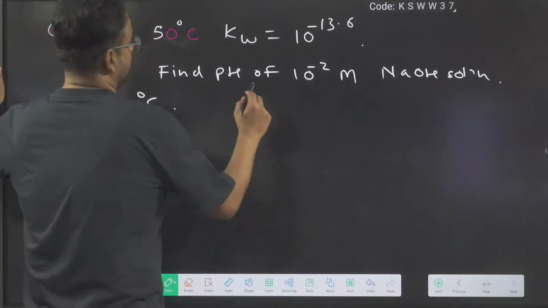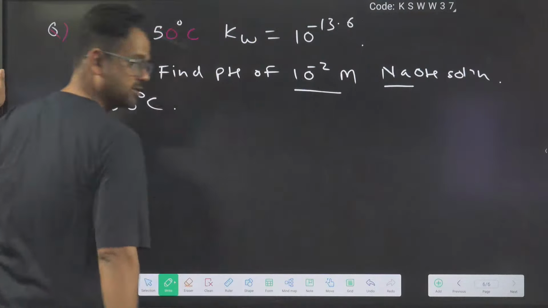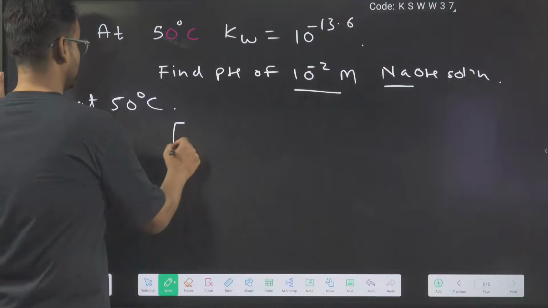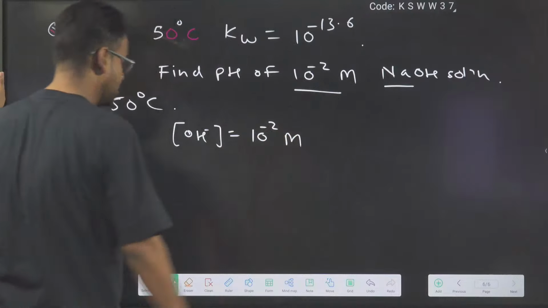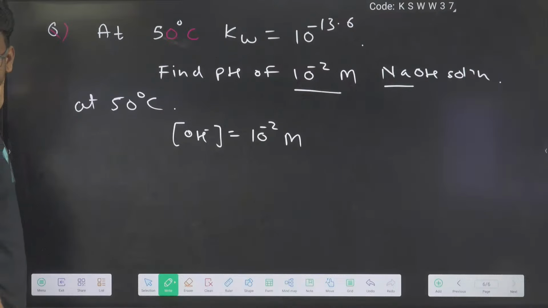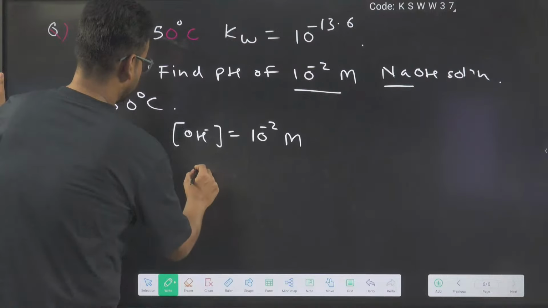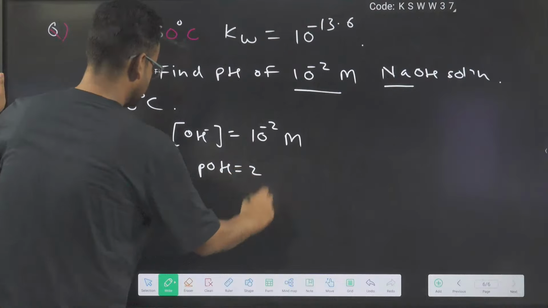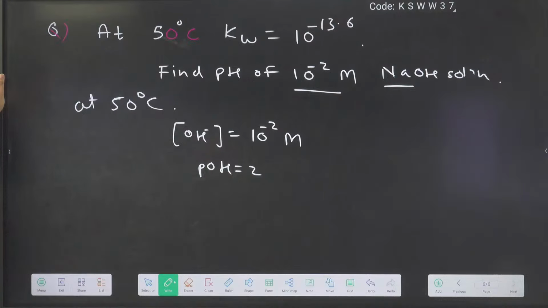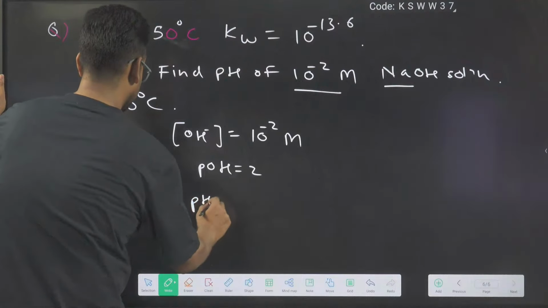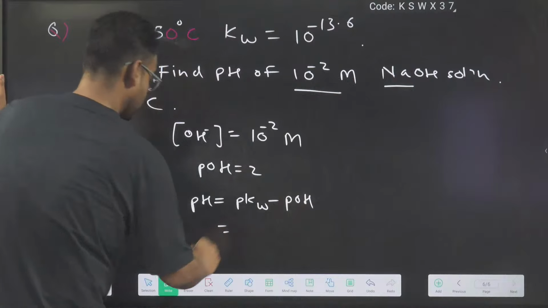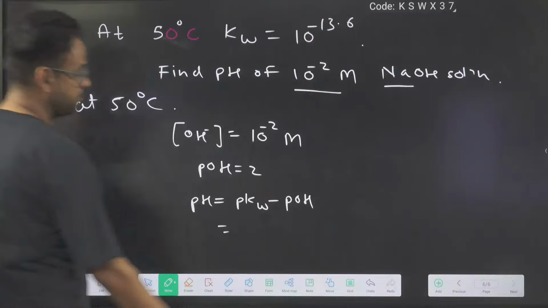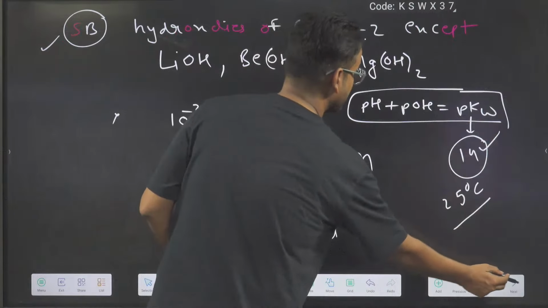See, 10 to the power minus 2 molar NaOH solution. NaOH is a strong base. So beta, the concentration of OH minus is 10 to the power minus 2 molar. And pOH is equal to 2, right? And pH is equal to pKw minus pOH.